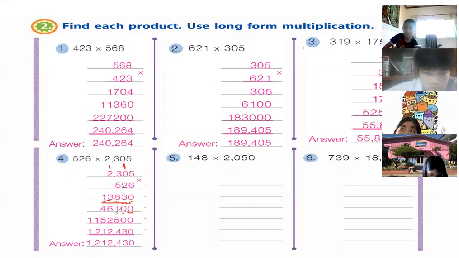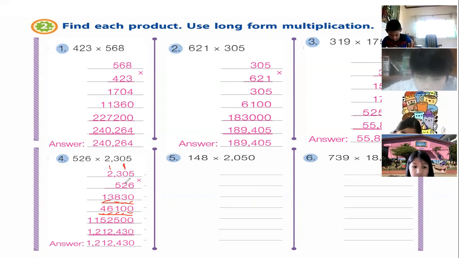So 1 will come down at place 100. Now 2 multiplied by 3 is equal to 6. So 6 we write down at the 1000 place. Now 2 multiplied by 2 is equal to 4. So 4 we write down at the 10,000 place. So we have 46,100.